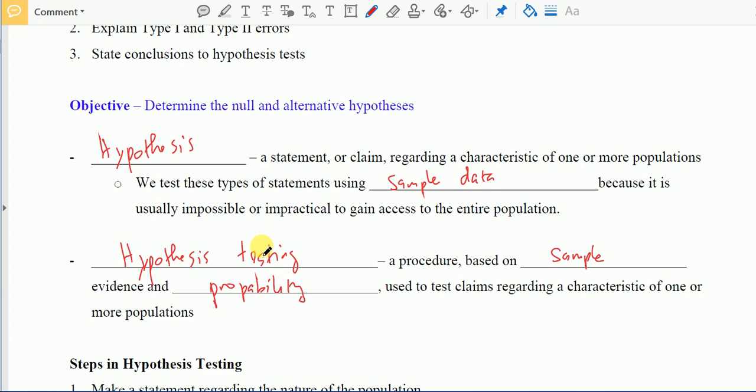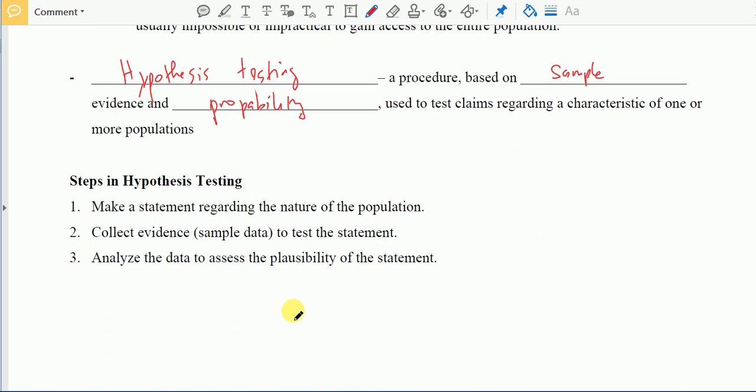So the testing about the hypothesis is just the procedure that we base on the sample data, and we make some claim using the evidence and the probabilities. Now the steps in hypothesis testing. The first thing is you have to make a statement regarding the nature of that population. Once you have the claim, you collect the evidence to test that statement, and then we analyze the data to see if that statement is true or not.